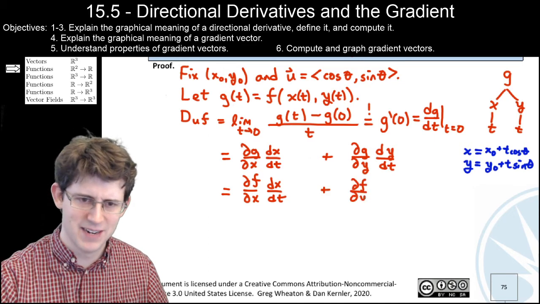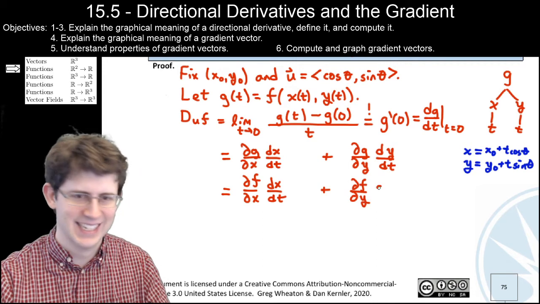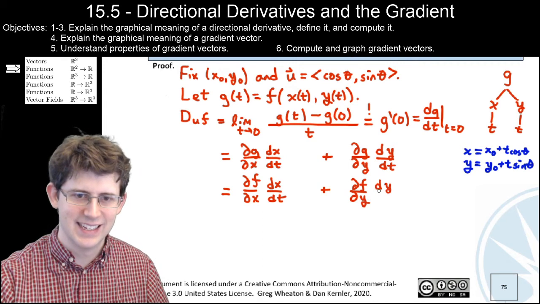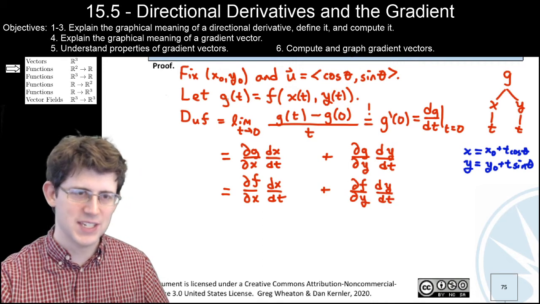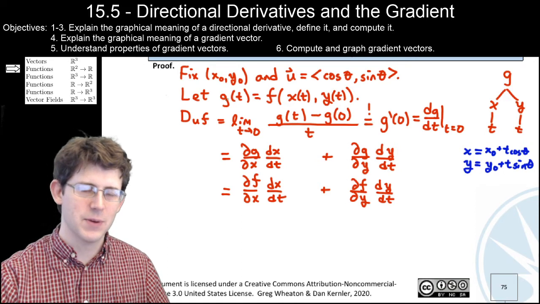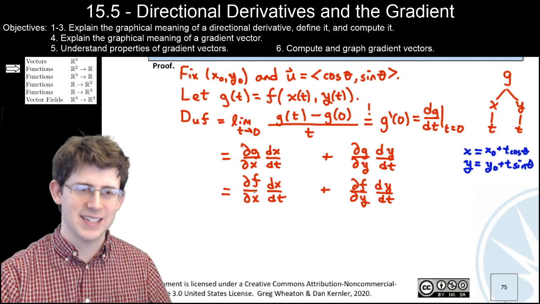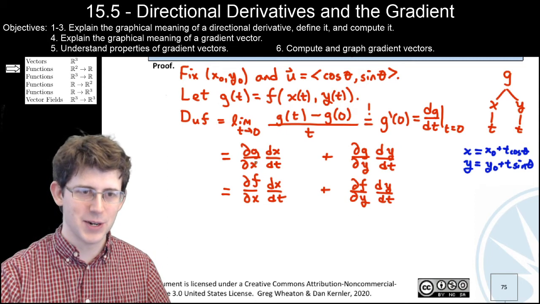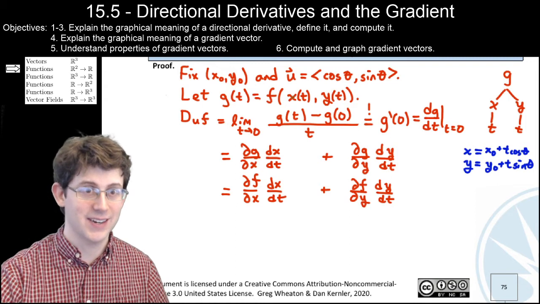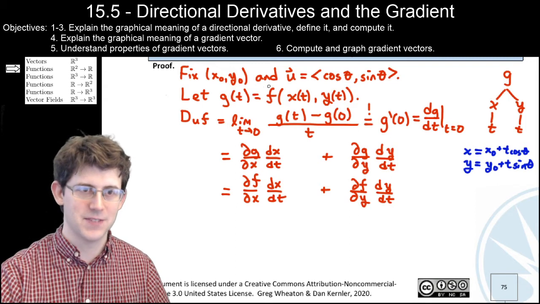There must have been a better way to write this. g was just our nice name when we were thinking of g as a function of t, but g is defined to be equal to f. So if you're trying to find partial g, partial x, you should go back and look, oh right, g was made out of just the function f.